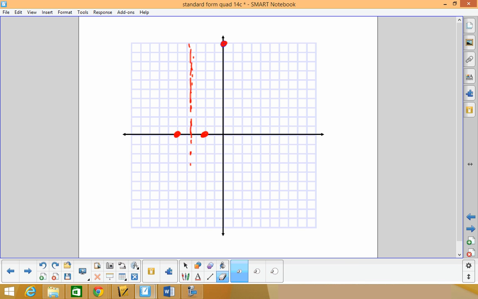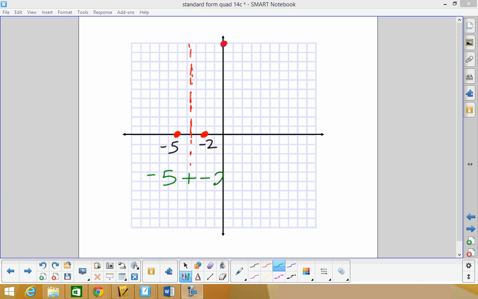So what's halfway between negative 2 and negative 5? If you just add it all together, like finding the average.